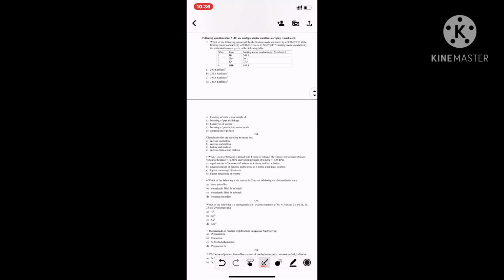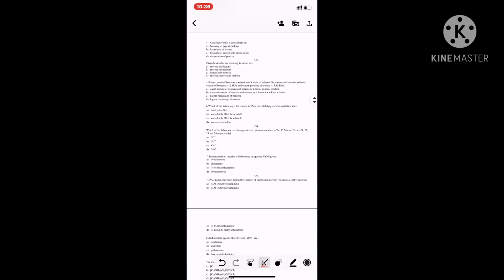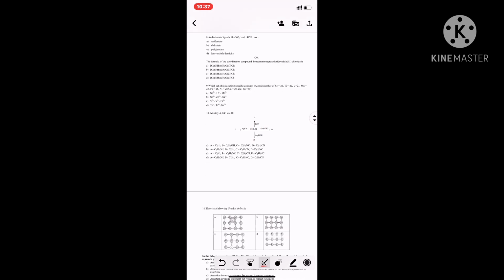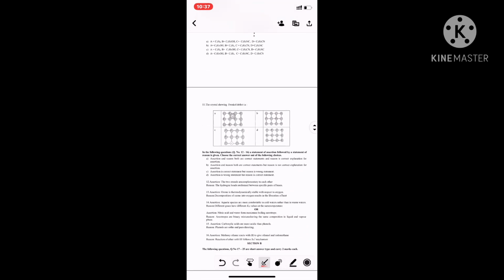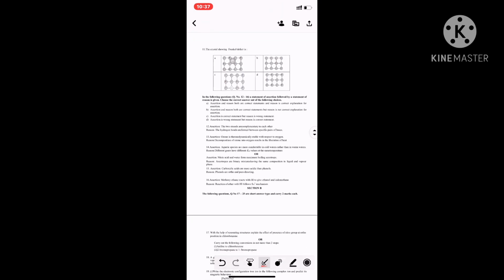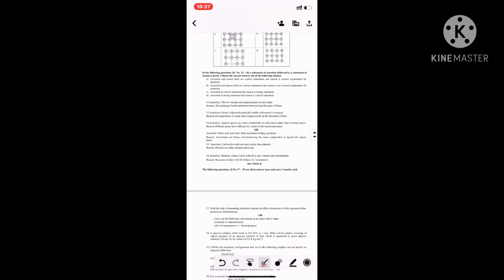Again, 4 assertion reasoning were earlier, and now 9. So 13 are there: 4 were earlier MCQ and these are 9 MCQ, so a total of 13 MCQ is coming. Now there are no one word questions here, no one sentence questions here. So you have to be very careful while studying, because either it will be wrong or it will be correct. There is no chance of writing descriptive answers to get marks. Now question number 12 to 16, these are 5 questions with 1 internal choice, again assertion reasoning.